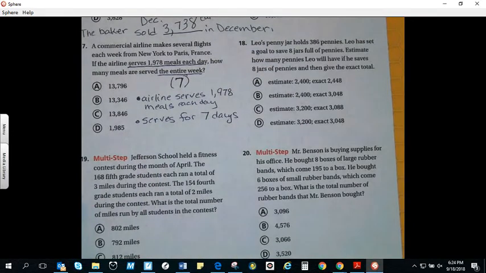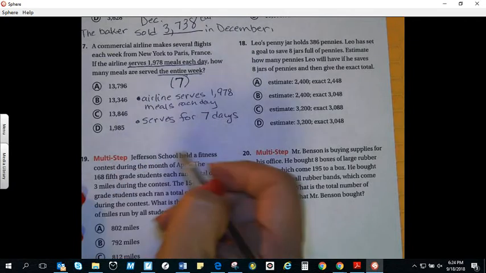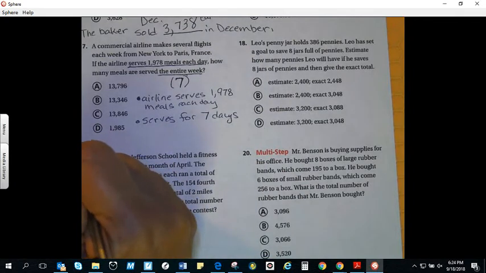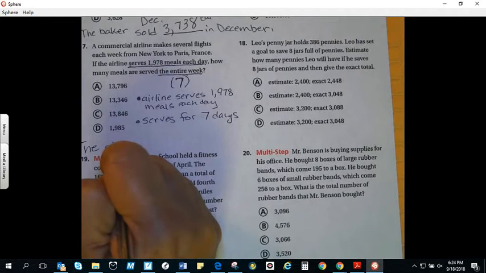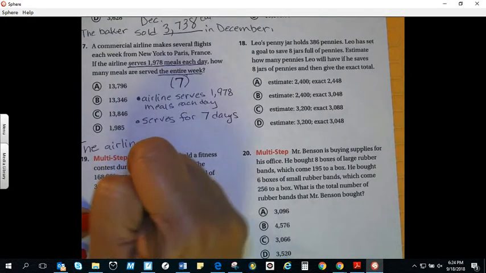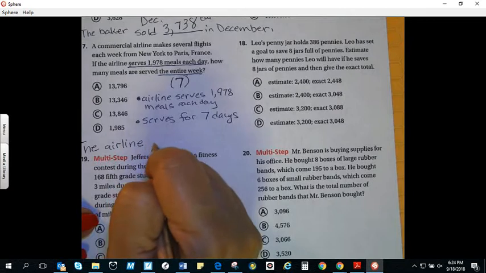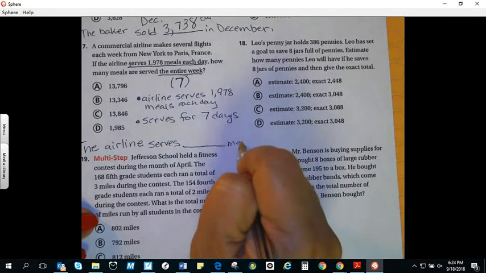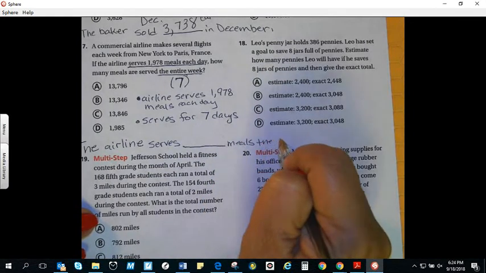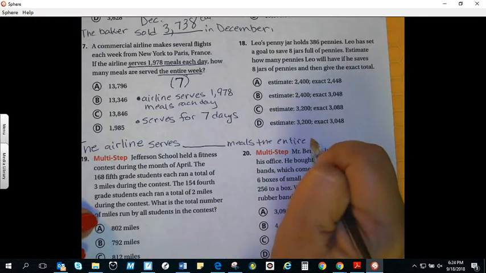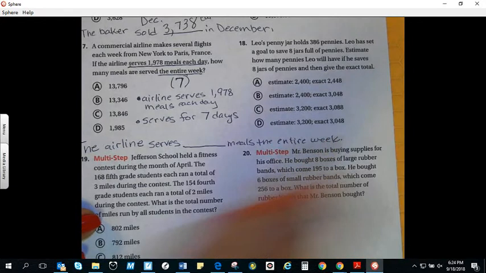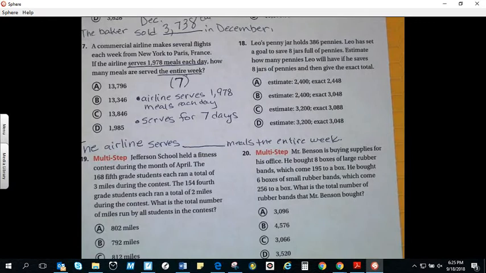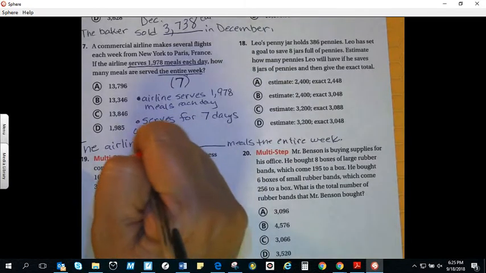So my statement then will be the airline serves blank meals for the entire week. Okay? So what are you going to do here? Absolutely. Operation is to multiply.